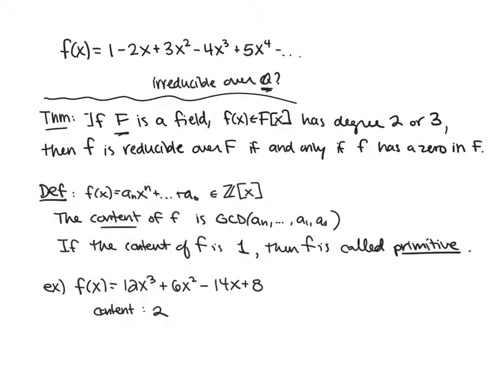So that's content. Now we have a very important lemma from Gauss. So Gauss's lemma, one of Gauss's many results, is that if you have two primitive polynomials and you multiply them together, the result is still primitive.